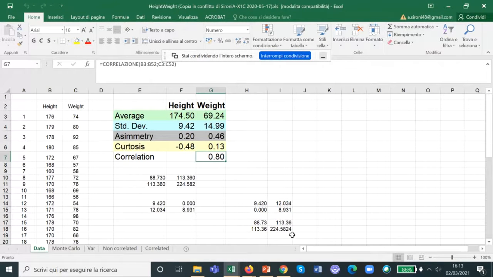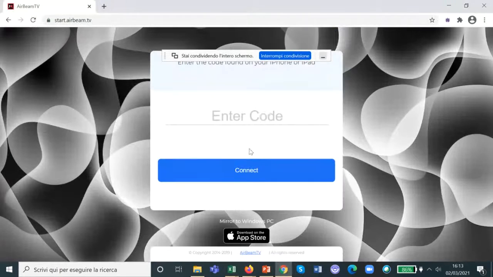Now, how do we go about with this example? First, let me show you how we do with Monte Carlo simulations. Okay, I have to connect it once again.